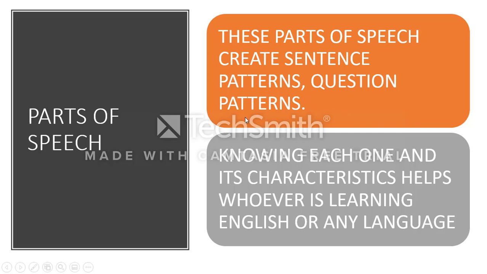Knowing each one and its characteristics helps whoever is learning English or any language. So when you know what an adjective is, what a noun is, what the verb or the adverb is, you know what function they have in the pattern you are working on. And this will help you build a language in a better way.